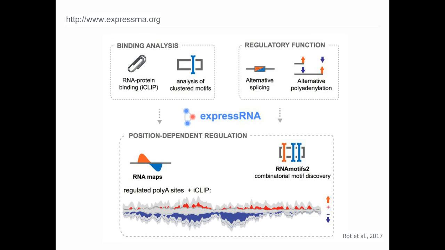So one method that we use in the lab a lot is the iCLIP method, and on the other hand, Gregor also works with tools that can directly discover regulatory motifs. So now we have the information about binding, information about regulation, and we put them together in different kinds of ways. And one way that we do this for just kind of visualization purposes is to draw this what we call an RNA map, where we are looking at the positions where protein binds to either enhance or repress the use of certain polyA sites.